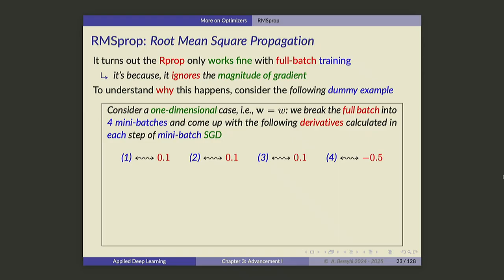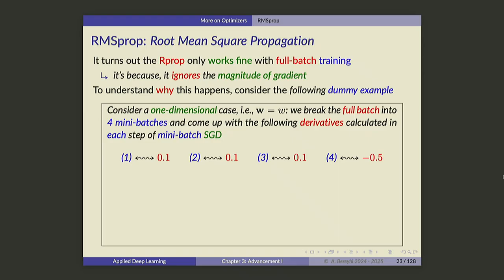Now you get here, you see, the sign changes. Now you decrease, right? But the point is that you really did not need to increase so much, because these 0.1, 0.1, these were probably just because of noise, because of the randomness of your gradient computation. And with the same chance, this 0.1 could have been minus 0.1, right? You agree? You see that?